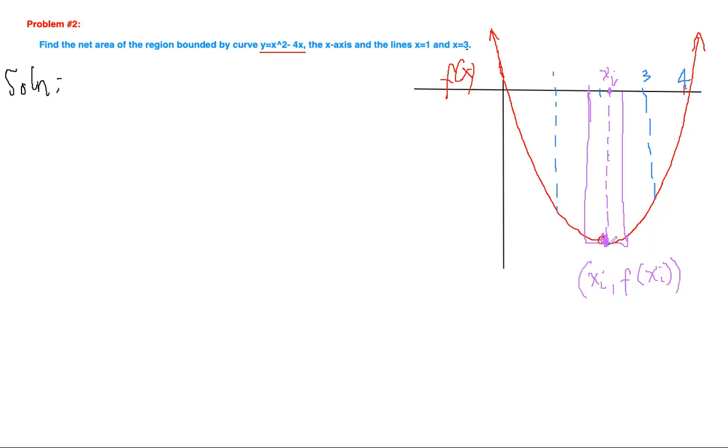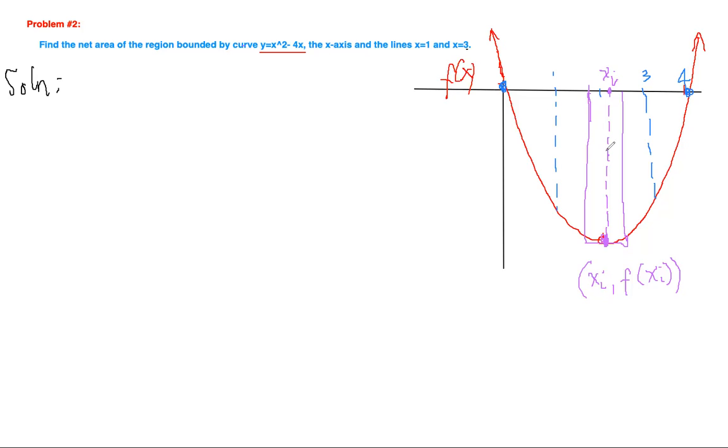The vertex is here, and the zeros, the points of intersection with the x-axis, are 0 and 4. The x-axis is this, the line x equals 1 is this one, and the line x equals 3. So these are the boundaries, okay?